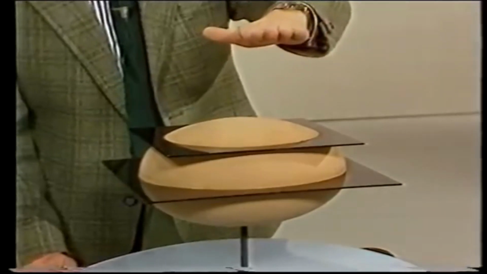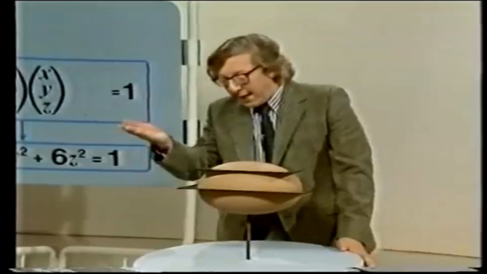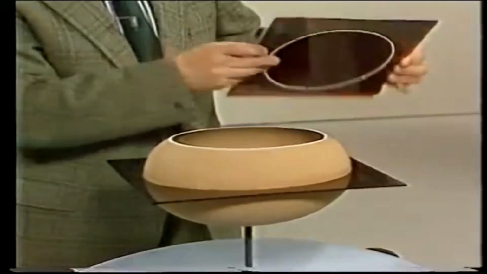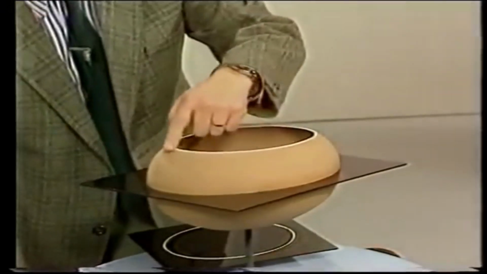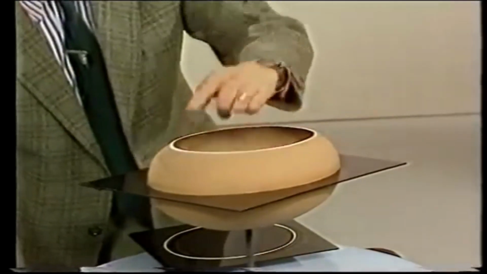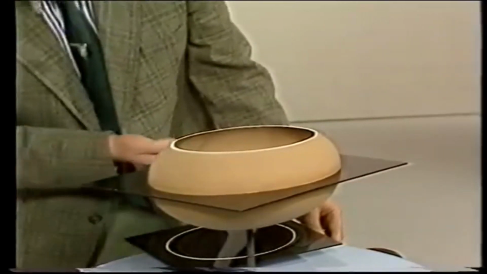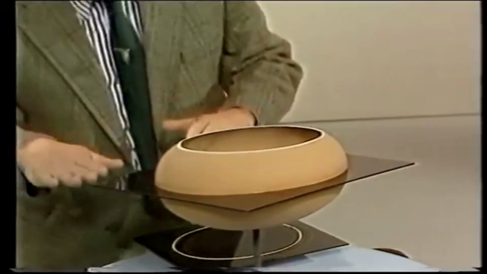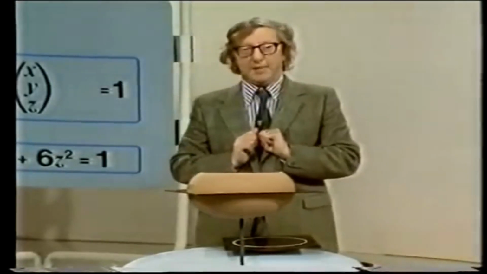That corresponded to the right-hand side being negative, and I don't get any curve whatsoever. But if I take a slice about here, then what do I get? I have a nice ellipse. And if I take a slice here, that's another plane parallel to the xy plane, I'll get a bigger ellipse. In fact, for the various values of k, I'll get a whole series of elliptical sections.